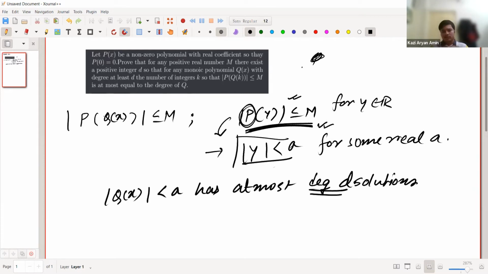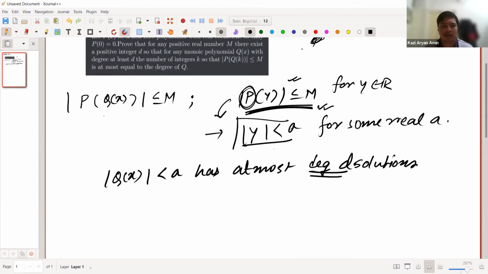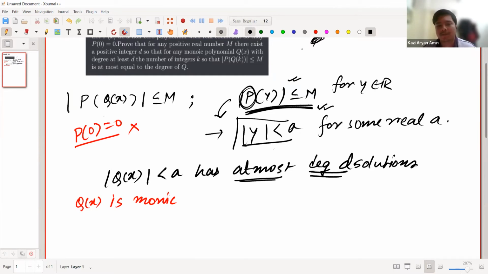So the idea for this problem is also another statement that we know about q. The fact that p of 0 equals 0 was given in the problem statement is superfluous, completely unnecessary. I'm not exactly sure why they gave it in the problem. Whatever, we'll try to build upon this.